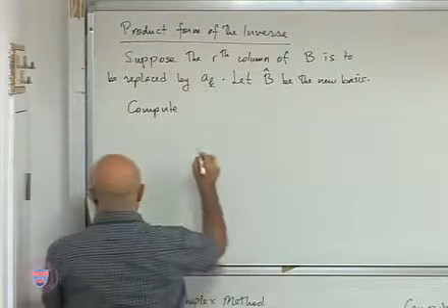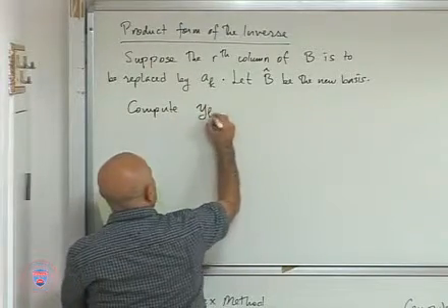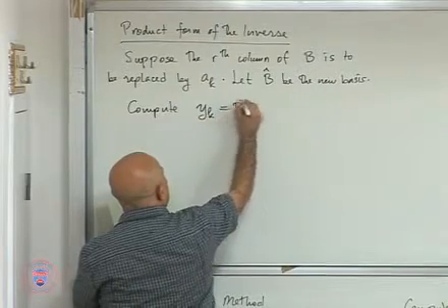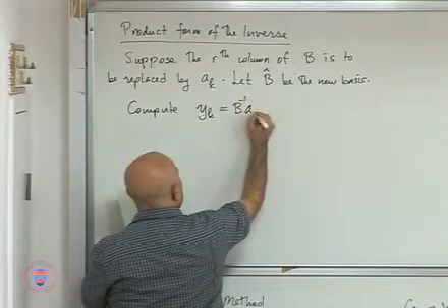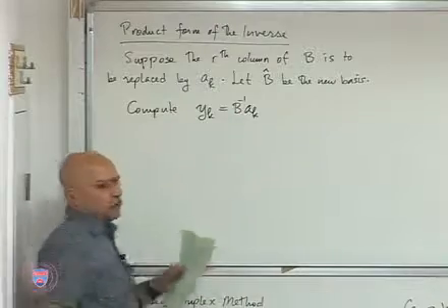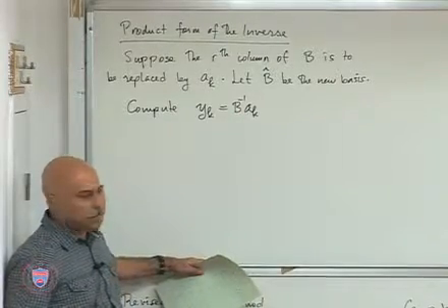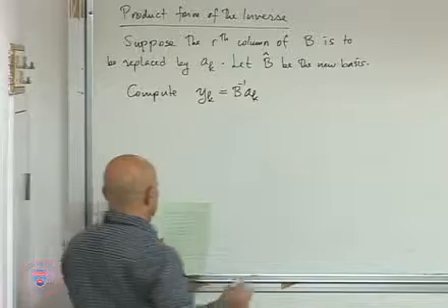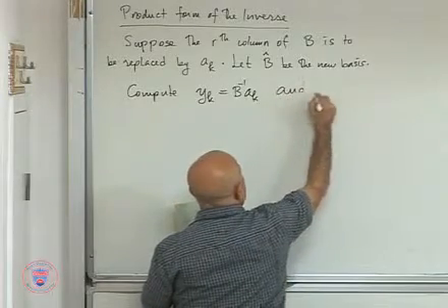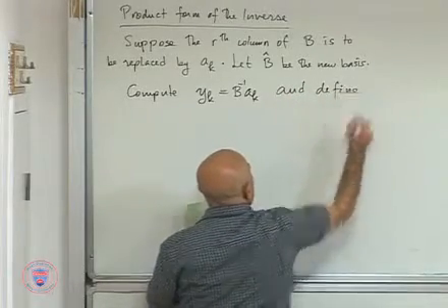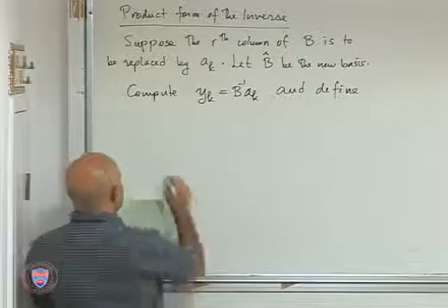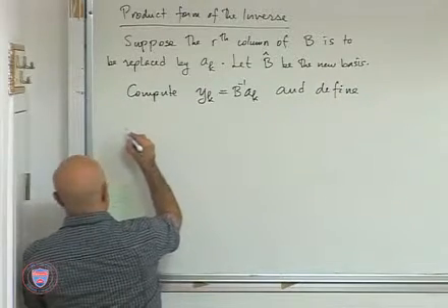Okay? So first compute the usual Yk column, which is the current inverse times Ak. Of course, we assume the current inverse is already available. Okay? And then we define an elementary vector eta.